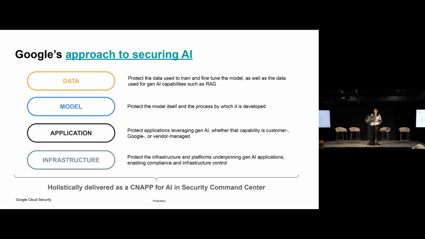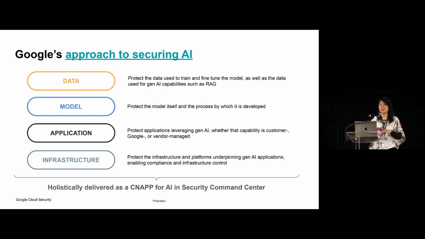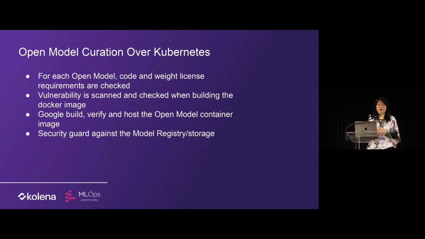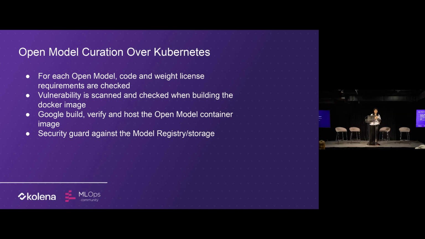As you can see in the whole stack, there are data, model, application, and infrastructure. How are you going to think about security? In fact, if you later find the deck, I included a bunch of links in it. From a Google perspective, to address some of the security concerns, Google is hosting all the inference server containers on Google Cloud.